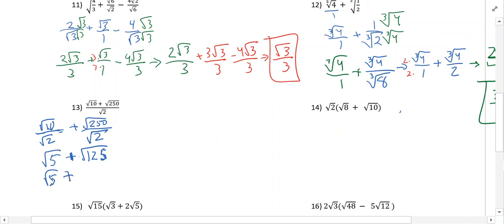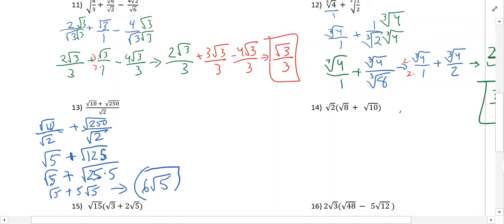And then here I need to find the biggest perfect square factor of rad 125. So I'm going to get 25 times 5. So then when I bring this, I get rad 5 plus 5 rad 5. So then I can add those together, which gives me 6 rad 5.